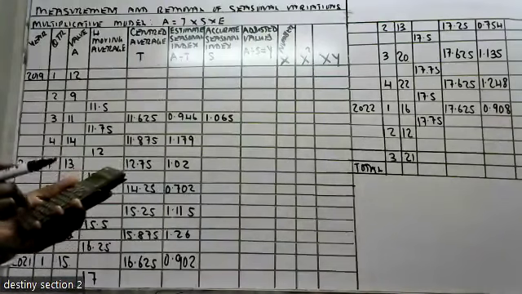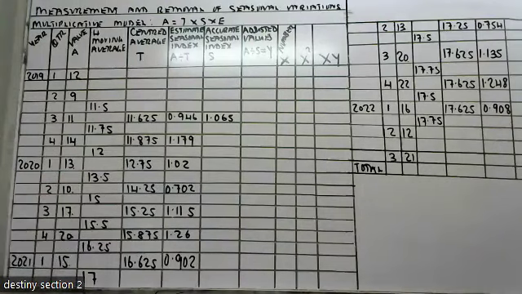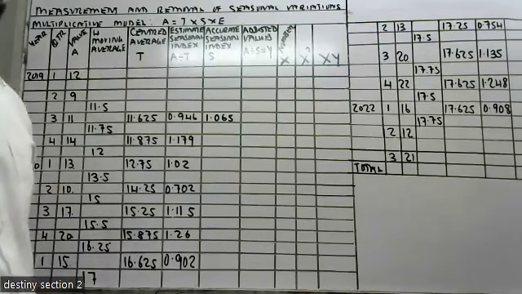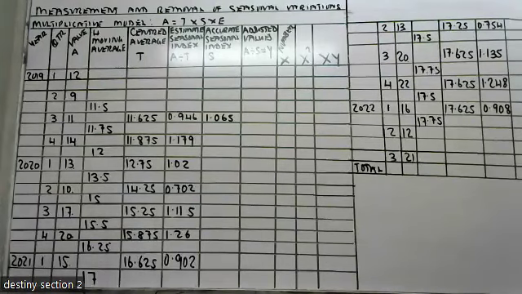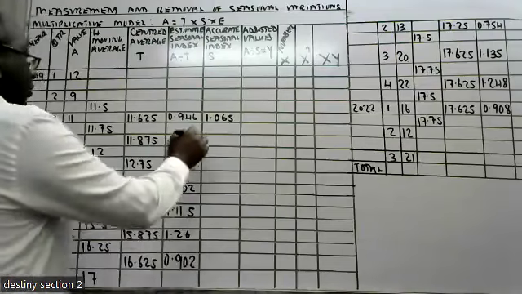You divide by 3. Give me the answer. 1.229. Yeah, 1.229. So you record here 1.229.